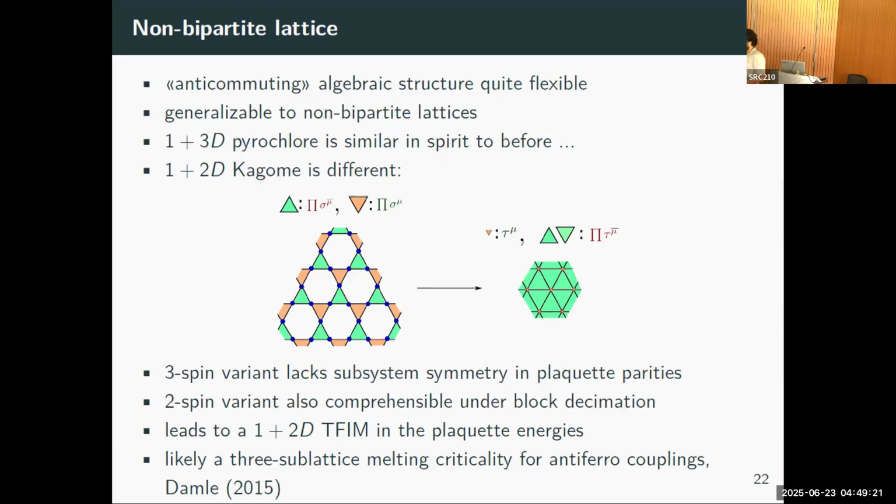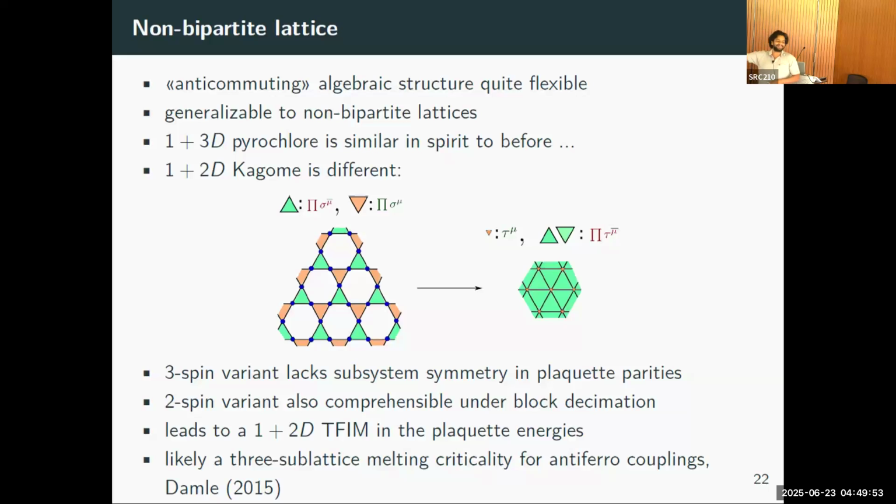And more interestingly for me, because for the two-spin variants on the square lattice and pyrochlore, you can't say much. You do something and then you're stuck. You just say that it has extensive degeneracy, some spin liquidity. But the two-spin variant on the Kagome is actually comprehensible with block decimation, for the simple reason that even just an Ising plaquette on a triangle, I have a triangle and just a small Ising triangular plaquette, the local energies are just two values.